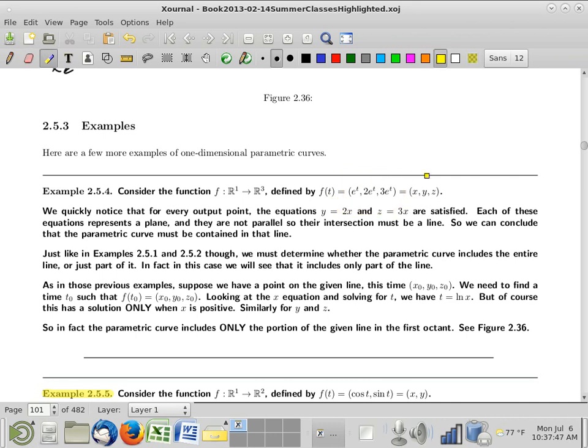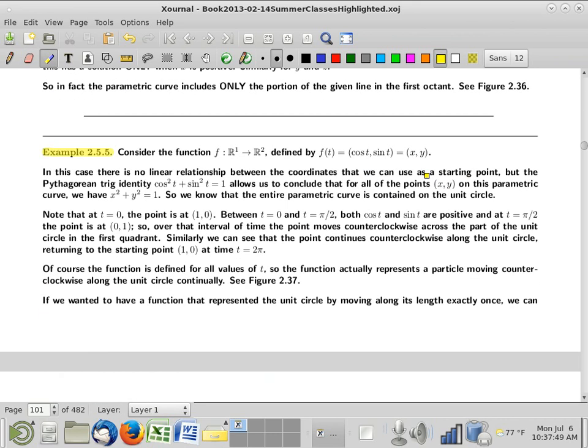Okay. All right, another example. A curve in the xy plane. Here's the function.